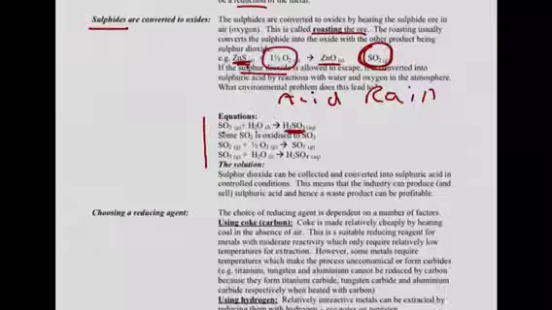But also in the atmosphere, sulfur dioxide can be oxidized to sulfur trioxide, SO3. So there's an equation, sulfur dioxide being oxidized into sulfur trioxide, and then the sulfur trioxide combines with water and gives us sulfuric acid, H2SO4. So acid rain is a mixture of those two acids, sulfurous and sulfuric acid.